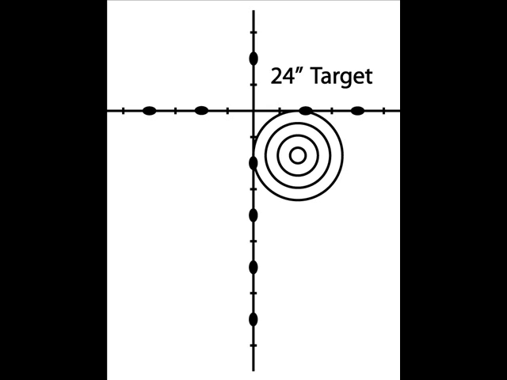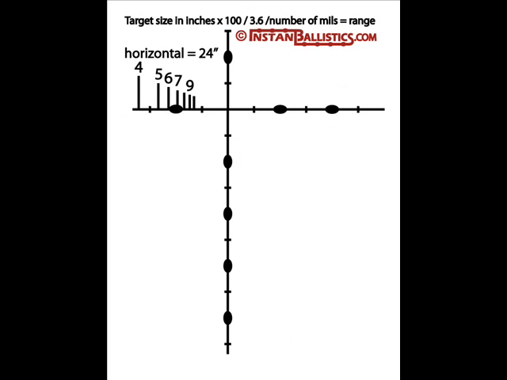Okay, now we're going to switch to a 24-inch target, which is much bigger, obviously. Through your scope, this target is about 1.7 mils in diameter. This shows the relevant part of your chart.